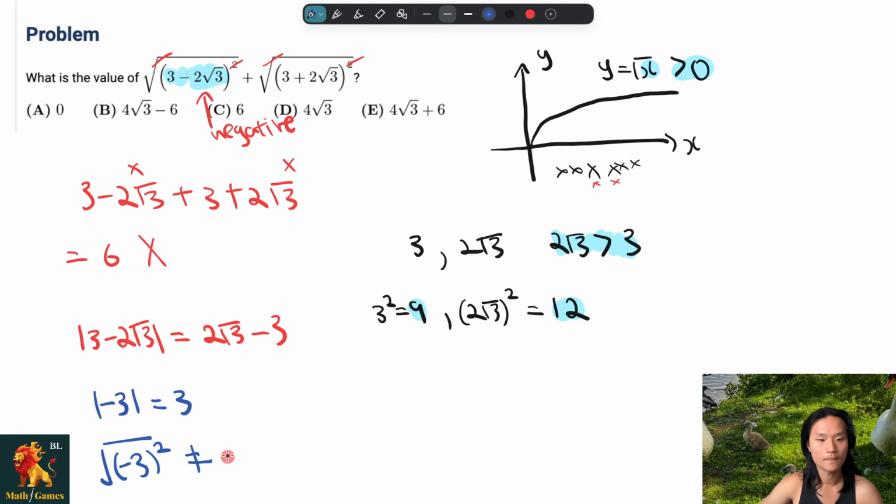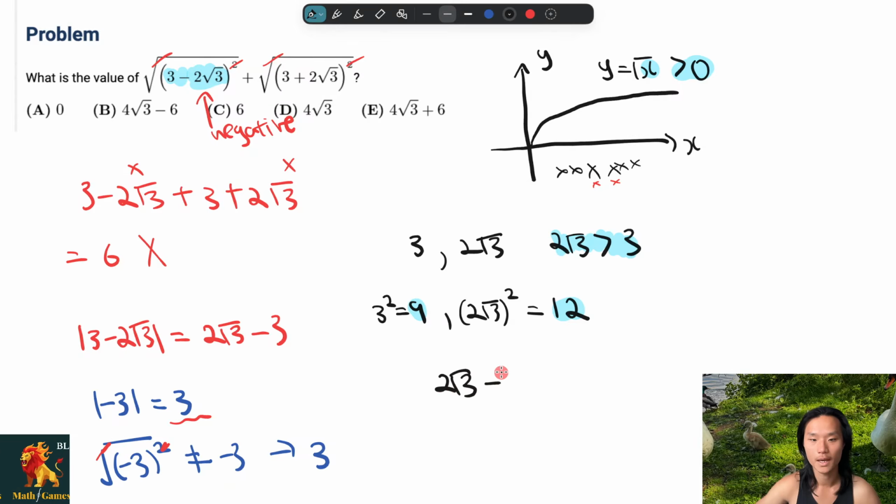This is not minus 3, but is instead the number 3, because we do not just cancel out the square root and the square; we have to take the absolute value of minus 3. So that is 3.